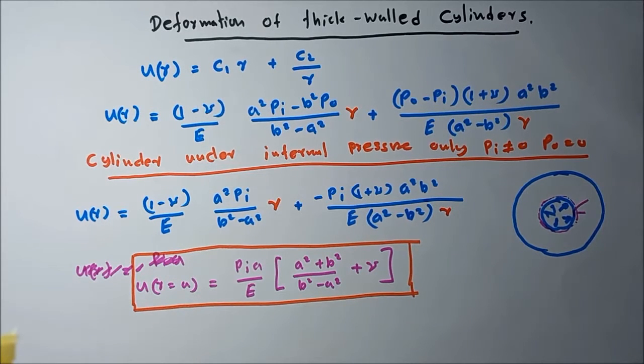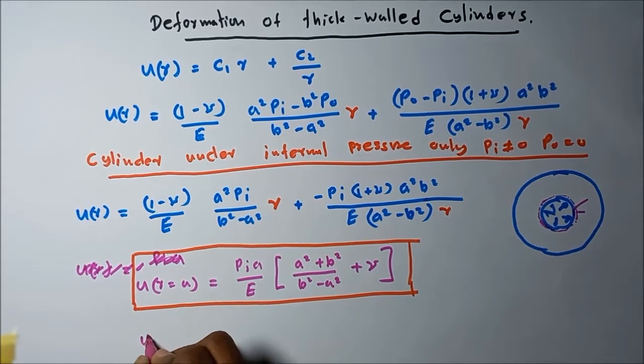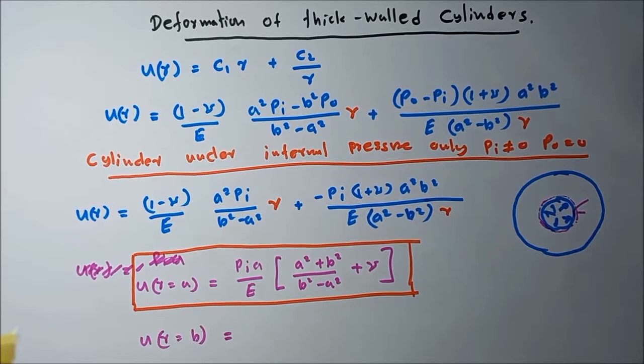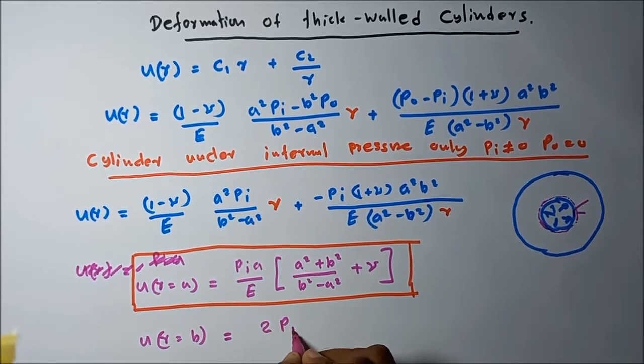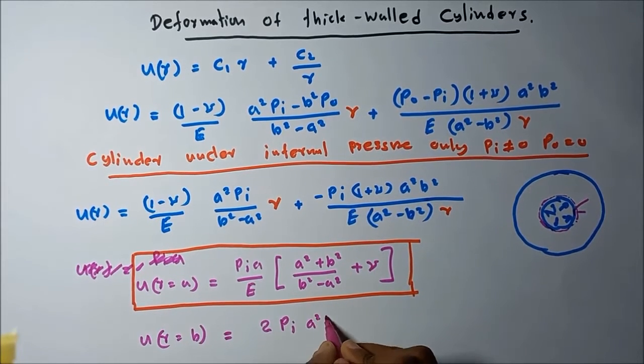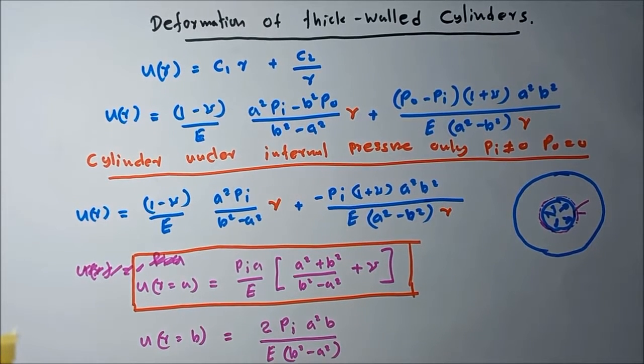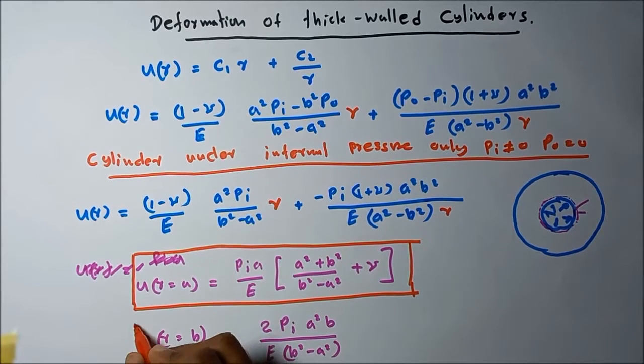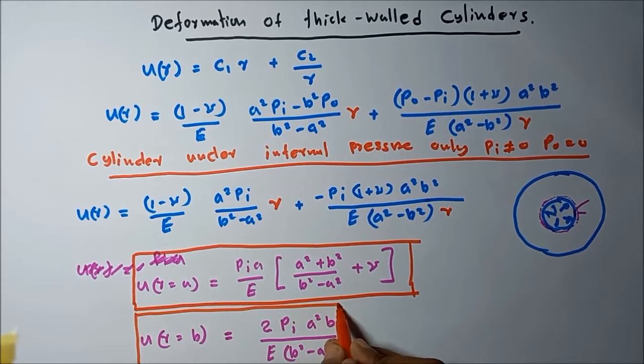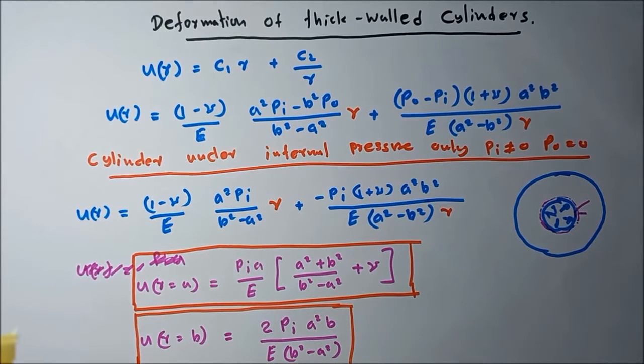Then what happens to the outer surface displacement, ur at r is equal b? That equation I have already obtained, so I will directly write it: Pi a square b divided by E (b square minus a square). This is the displacement of the outer surface of the thick wall cylinder when it is subjected to internal pressure only.